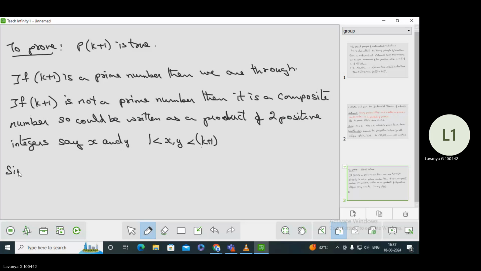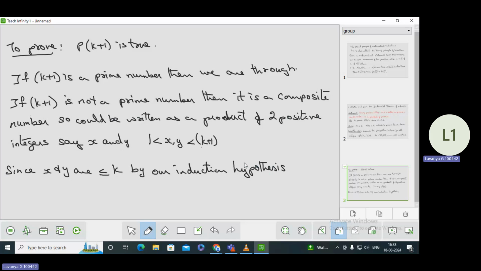Since x and y are less than or equal to k, they can once again be factorized by our induction. So by our induction hypothesis, x and y are primes or a product of primes.